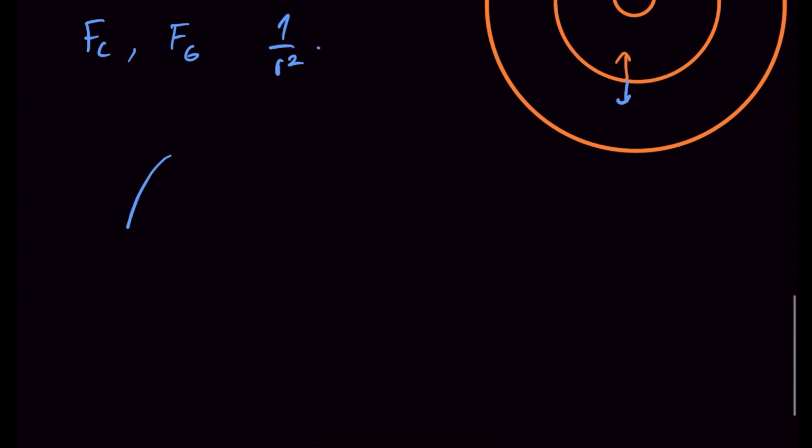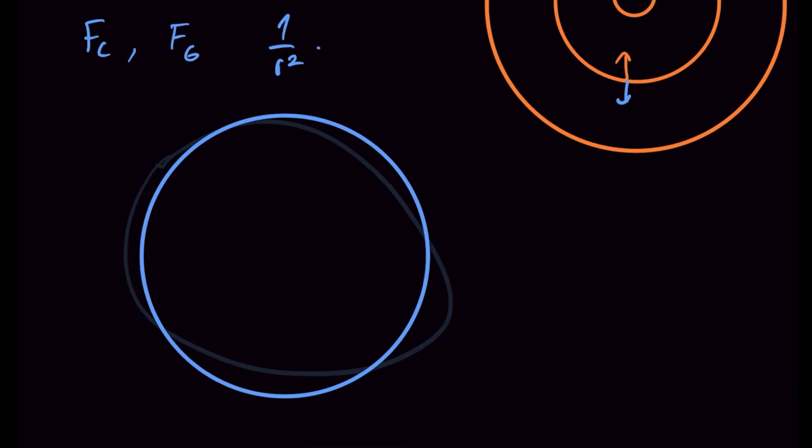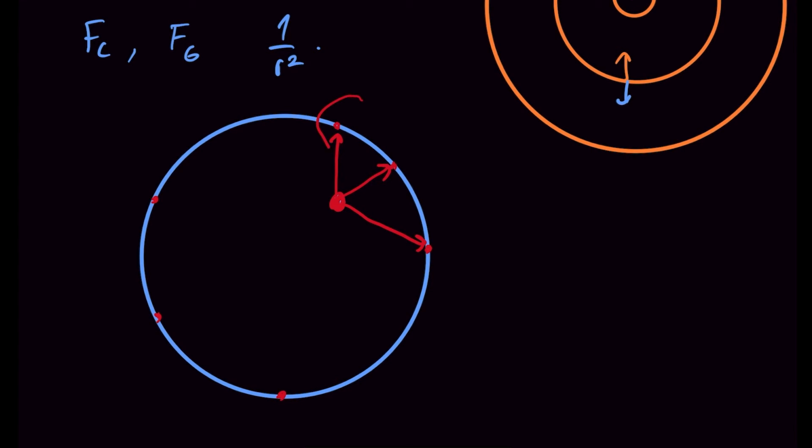So if we take a spherical shell here, we put a particle, let's say, over here. And just imagine again that there are countless particles here building up this sphere, or in this case, circle. So we have our particle in the middle here, and we have these particles pulling on it with gravity. On this side, we have fewer particles, but they are closer to the particle that is being pulled on.